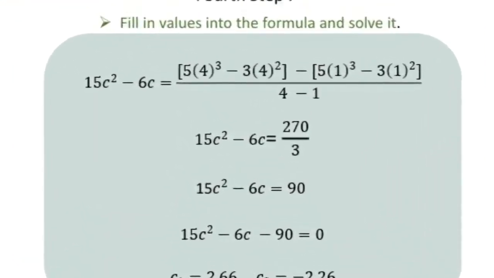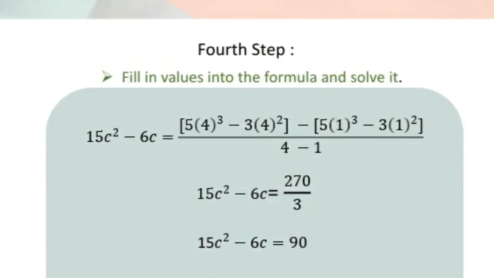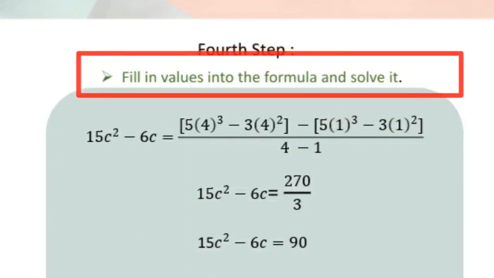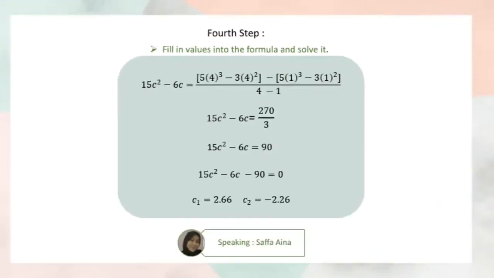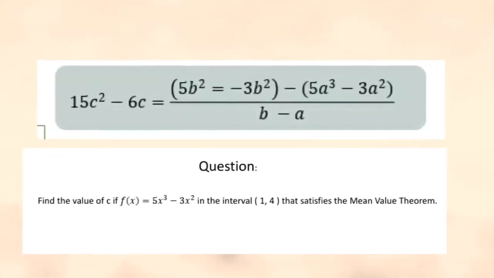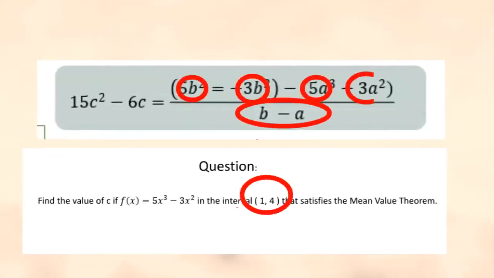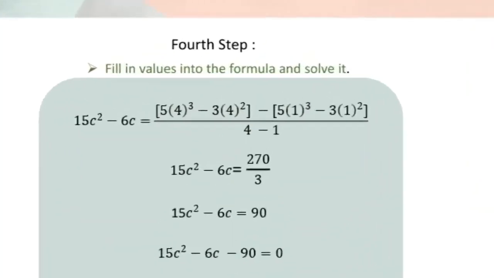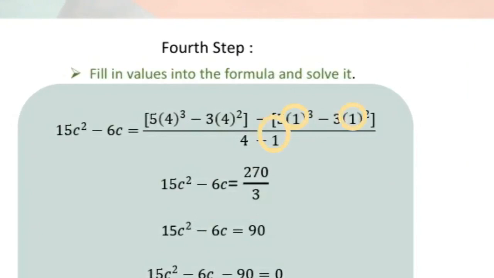For the fourth step, to find c, we need to fill in values into the formula and solve it. First thing that we're going to do is substitute a and b using the interval given at the beginning of the question. So a will be substituted with 1 and b will be substituted with 4.